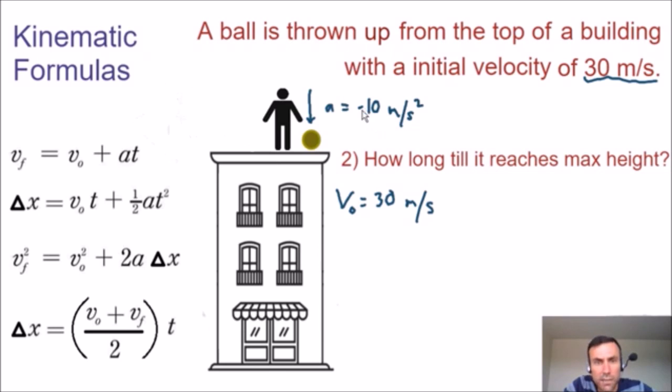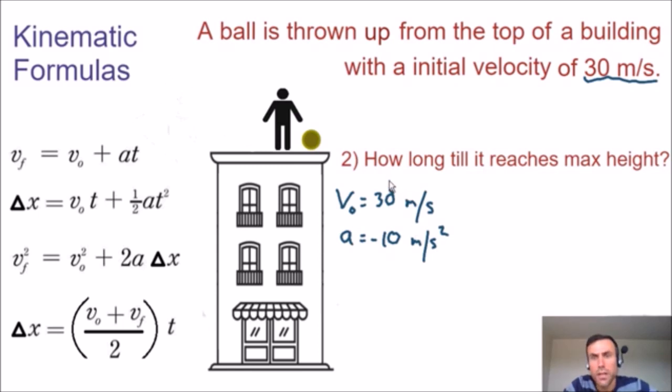The reason why it's negative is because it's going the opposite way of the initial velocity. The initial velocity was positive going up, so that means that anything going down has to be negative. So we know that the acceleration, which is the acceleration due to gravity, is equal to negative 10 meters per second squared.